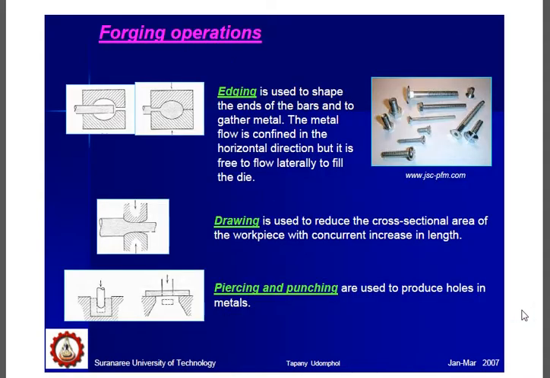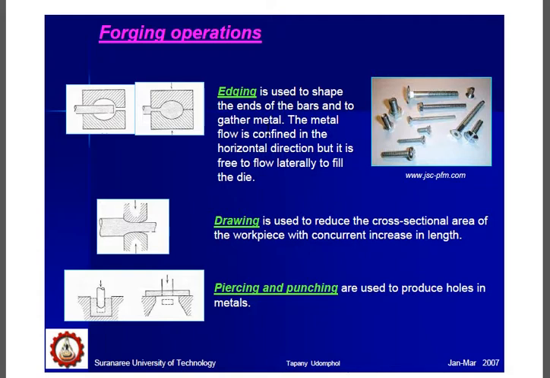Okay, so forging operations. There are three operations on this slide: upsetting, drawing, and piercing and punching. Upsetting is used to shape the ends of bars and other metals.